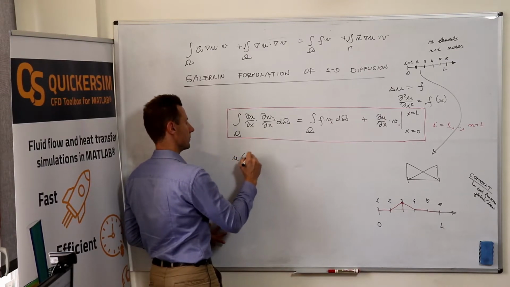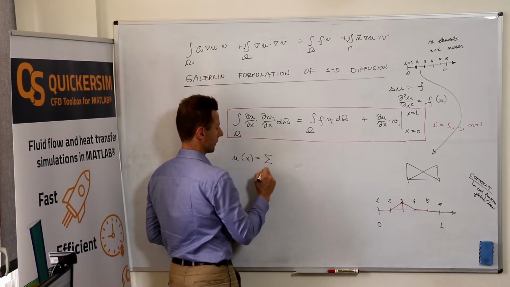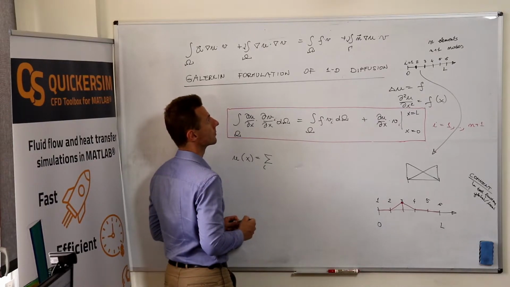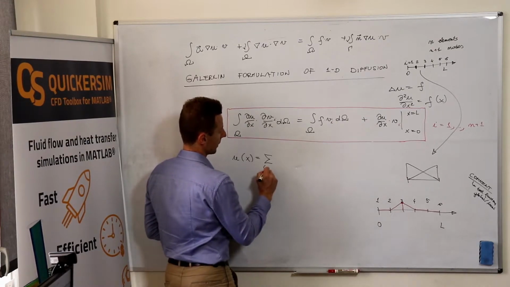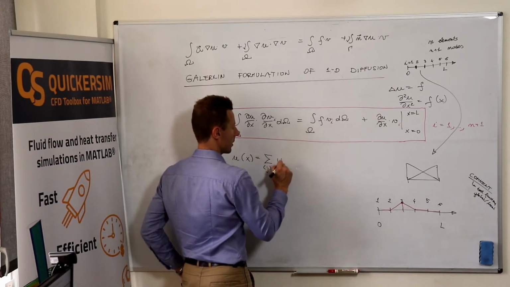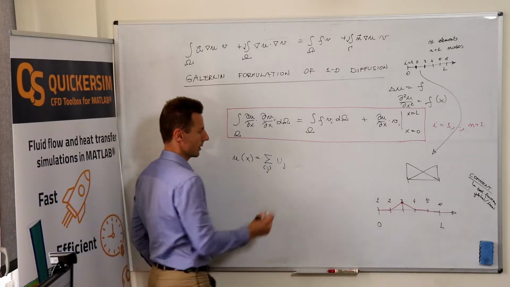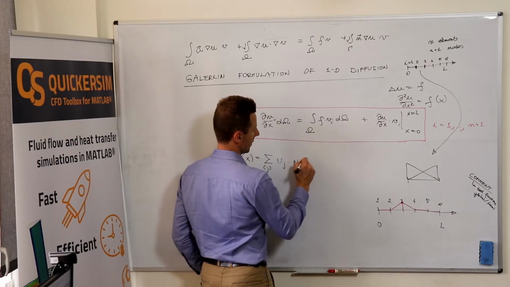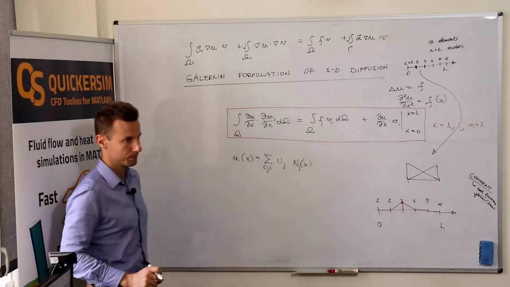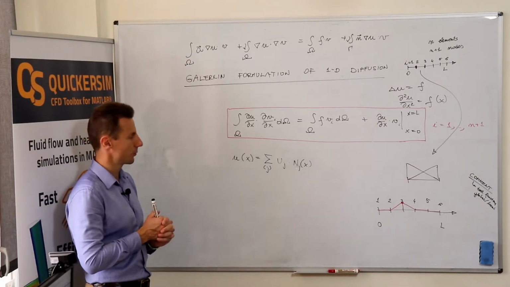And u at x, we represent it by taking the sum over all nodes, u_j will be the scalar value at the jth node times the jth shape function. Okay? So far, so good.